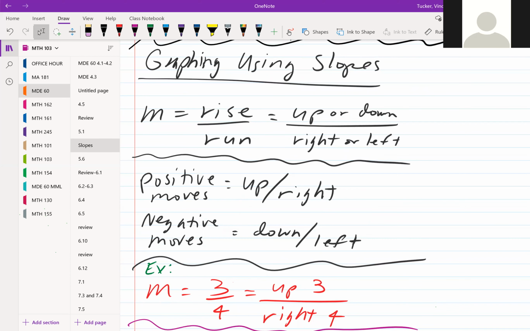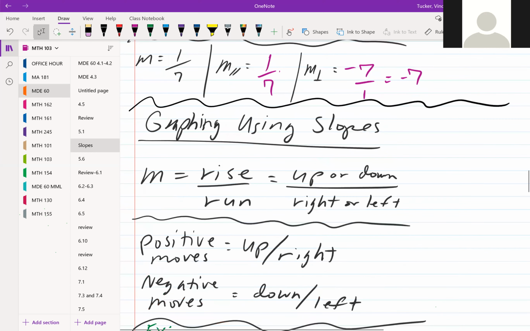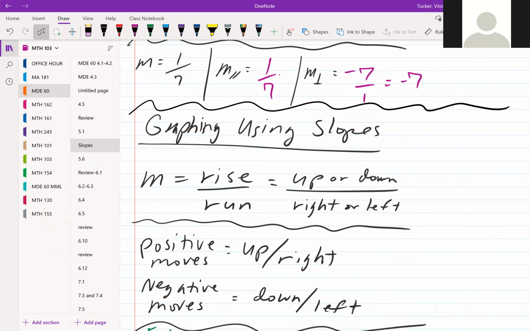Mr. Tucker, can you scroll up to that last 7? This M1, right? It's that perpendicular. Why isn't that flipped? Right here? No, the next one. We did flip it because it was 1/7. Now it's 7/1.